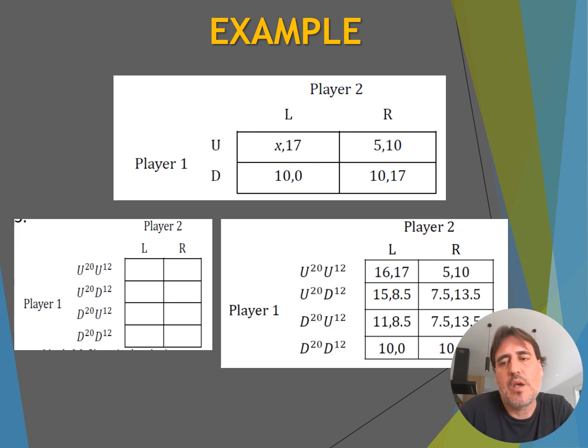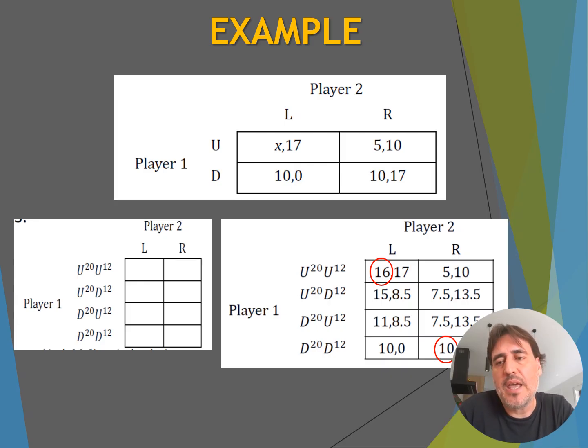From here, the same golden rule used in complete information games will be applied to look for each player's best responses. In this case, if player 2 plays L, player 1's best response will be to play UU because 16 is the highest payoff in that column. Whereas if player 2 plays R, player 1's best response is to play DD because 10 is his or her highest payoff in that column.